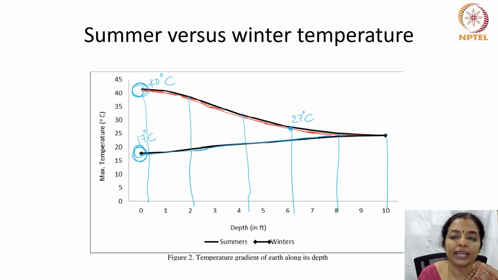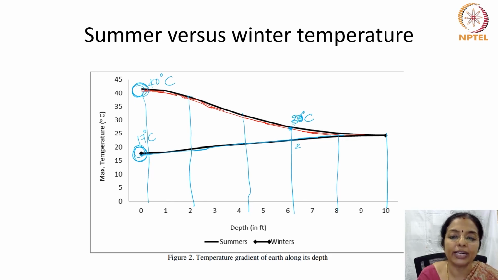Whereas during winter, the temperature of the soil at a depth of 6 feet is about 20, sorry. So the temperature of the soil at a depth of 6 feet during summer is approximately 30 degrees centigrade.